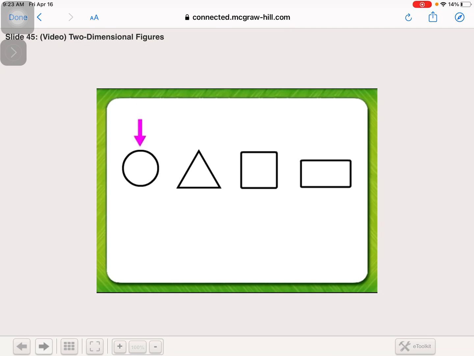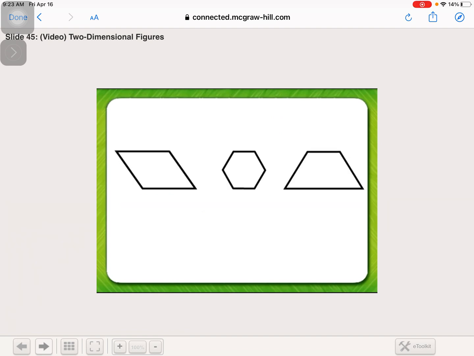Let's start here. Circle, triangle, square, and rectangle. Let's look at the last three figures. Parallelogram, hexagon, trapezoid.